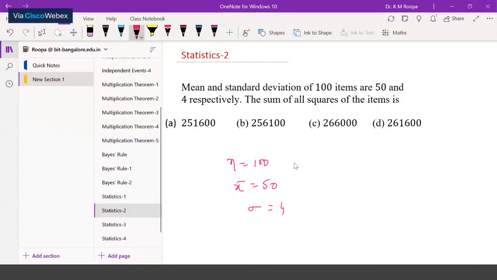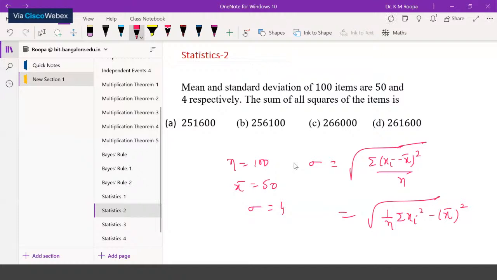Keep in mind, I just wrote one standard deviation formula, square root of sigma xi minus x bar whole square divided by n. You have an alternative formula: 1 by n into sigma xi square minus x bar whole square. Here they are asking the sum of all the squares of the items. X1, X2 are the items. They are asking sigma xi square.